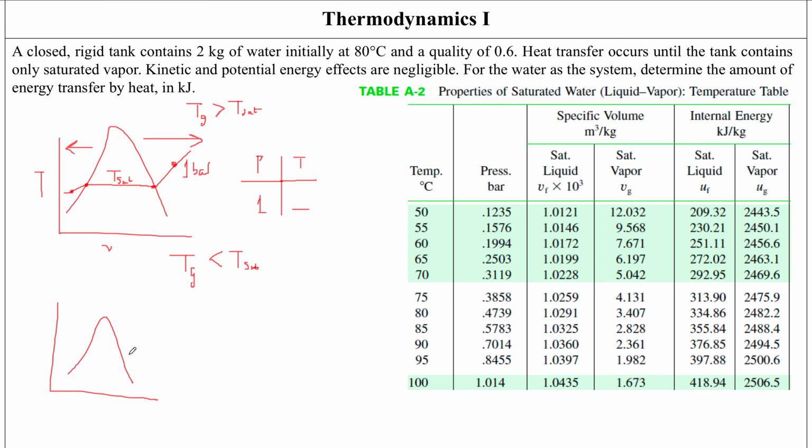The only difference is that you've got P on the y-axis and V on the x-axis, and then you've got isotherms on here that give you constant temperatures. That is how you work with the PV diagram as well. Exactly the same, the only difference is that instead of isobars, you've got isotherms.